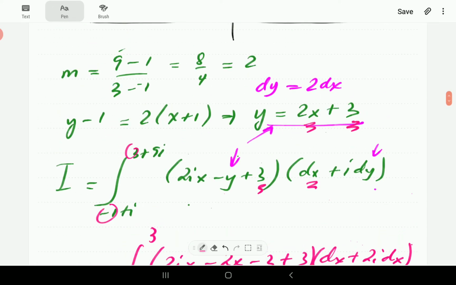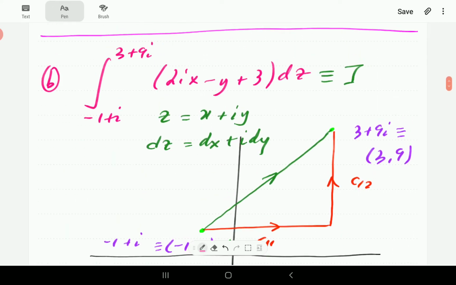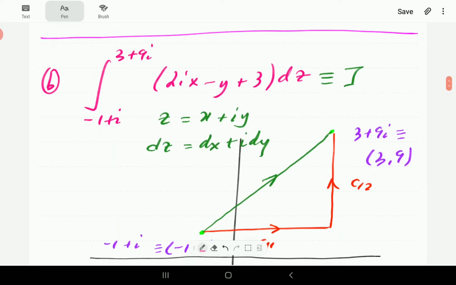Right, so that's how we evaluate that complex line integral along a straight line, which is at an angle, not horizontal or vertical.